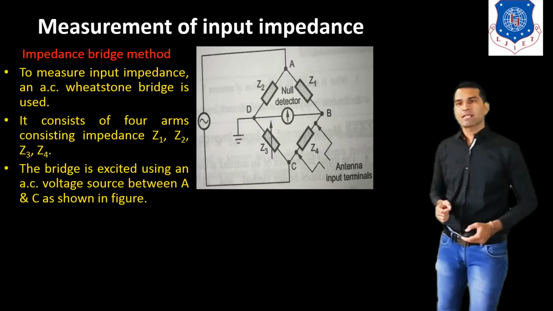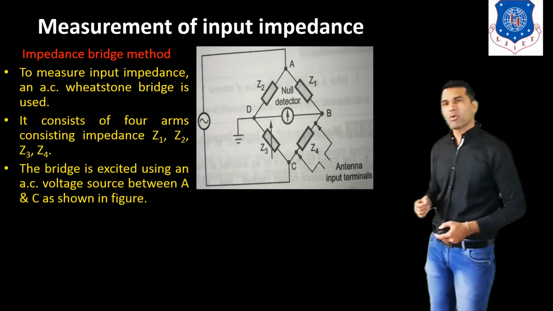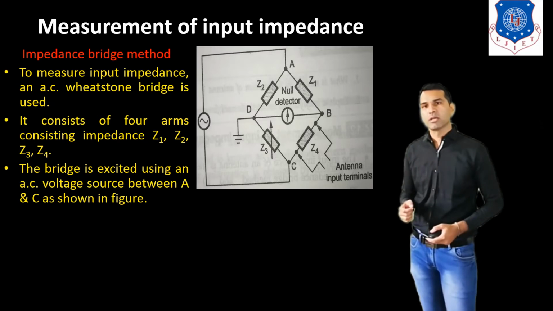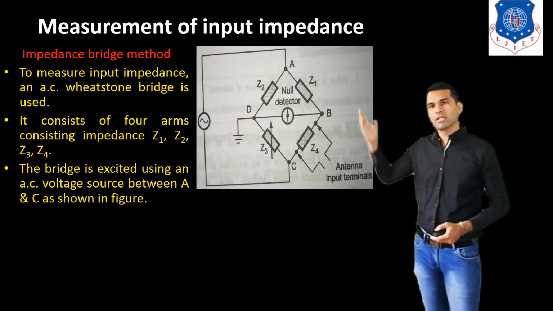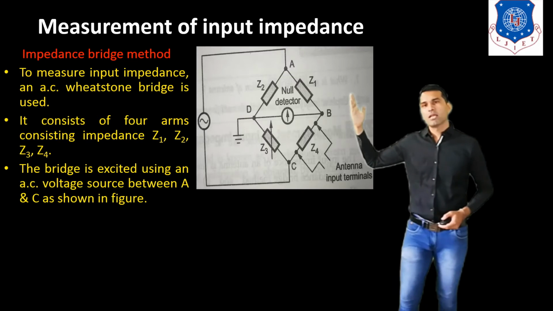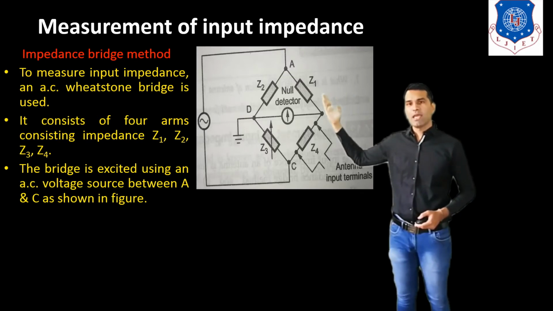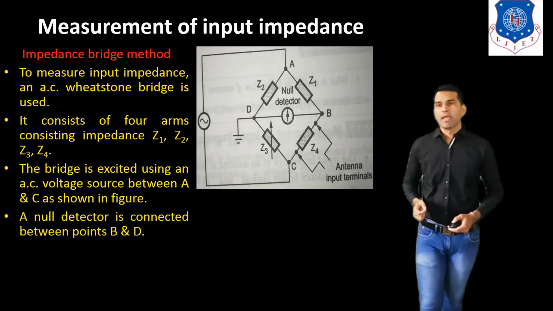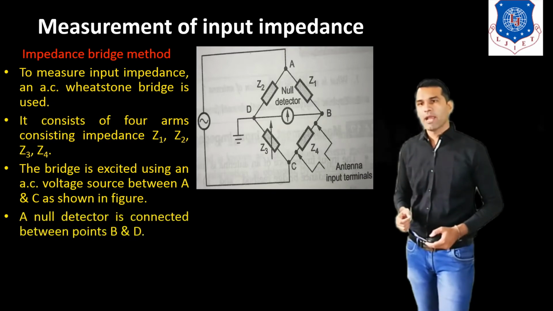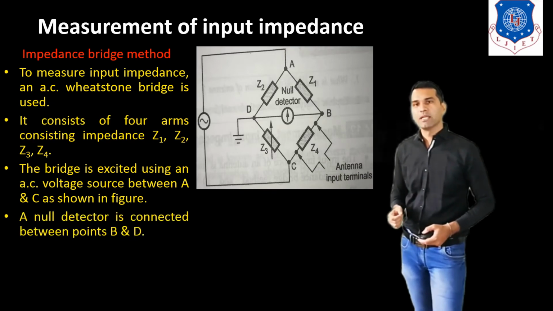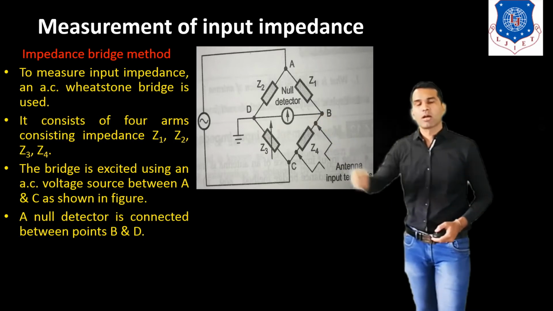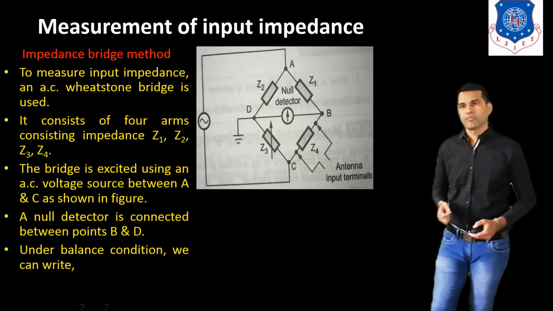The bridge is excited using an AC voltage source between A and C as shown in this figure. So here we see the input voltage is applied between terminal A and terminal C. A null detector is connected between the points B and D. So between the points B and D, we have connected the null detector.